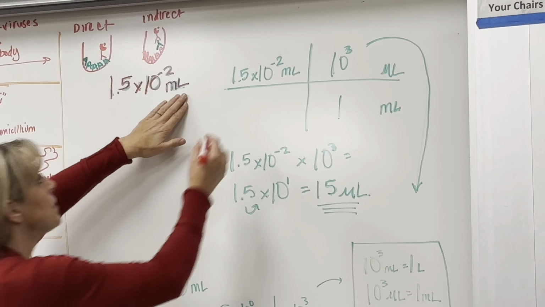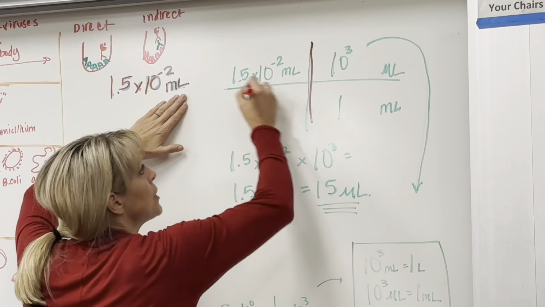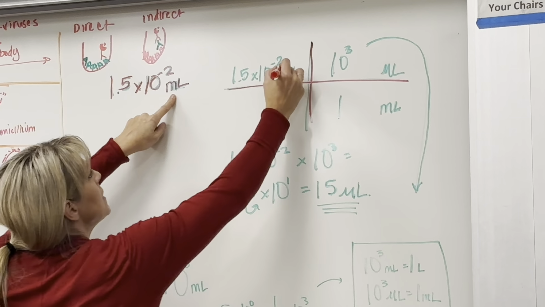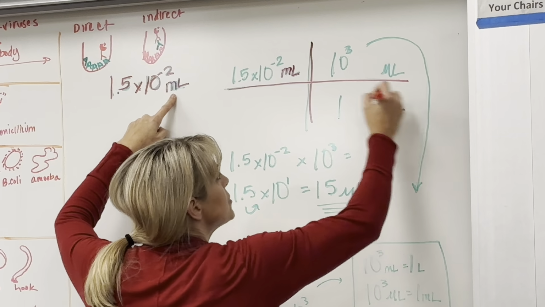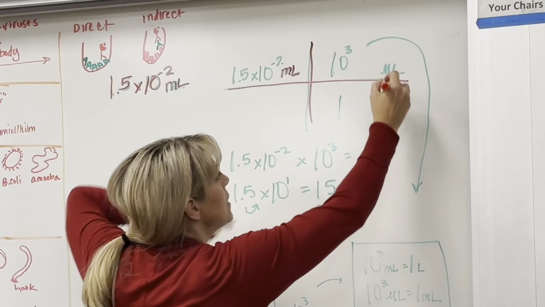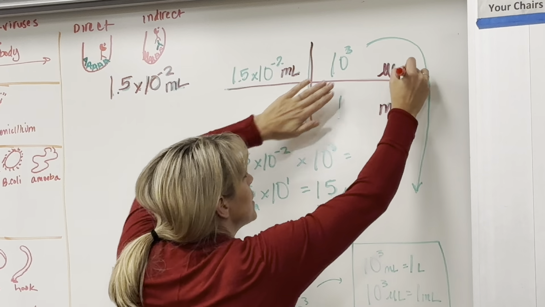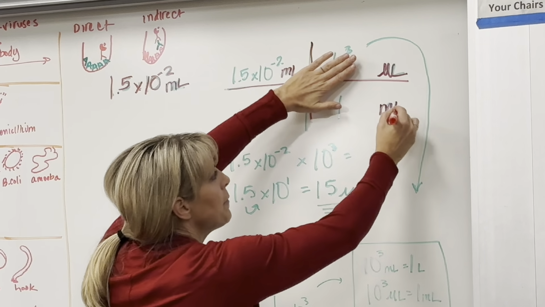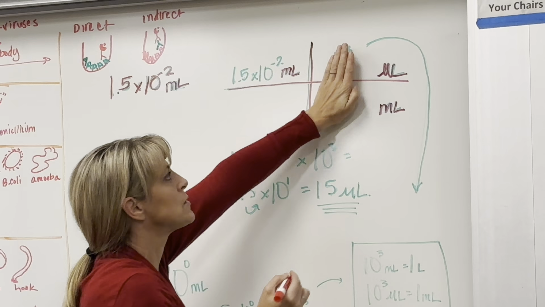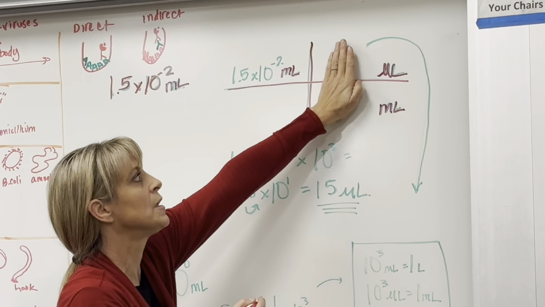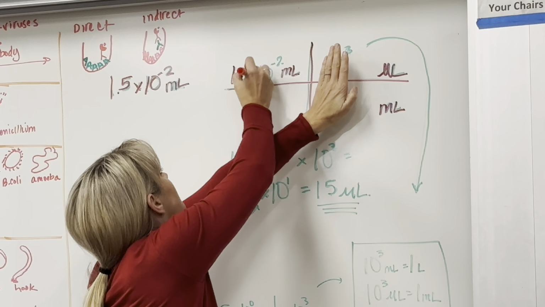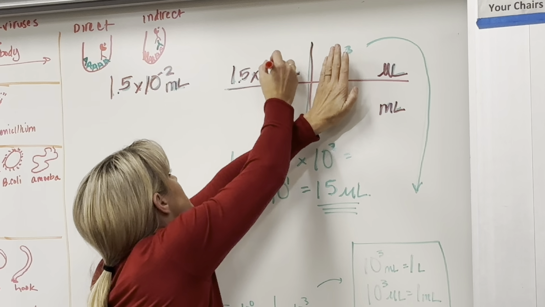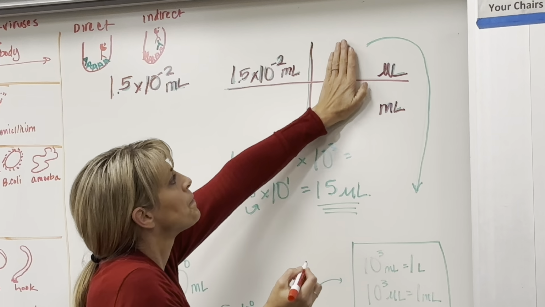How do we do that? We do the train. Here's our train. We have milliliters. We want to get rid of our milliliters, so we're going to cross those out. We want microliters, so the microliters are going to be on top. Here is what we have: 1.5 times 10 to the negative 2 milliliters.